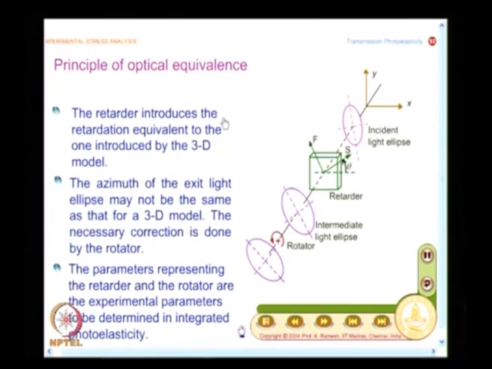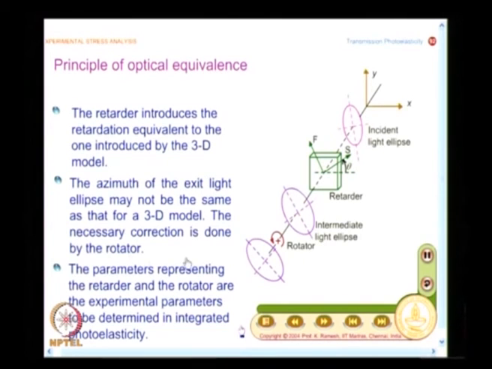So, the retarder does the job of modifying the incident light ellipse to the exit light ellipse, but it may not guarantee the azimuth being the same. Whatever the correction that is necessary is done by the rotator.